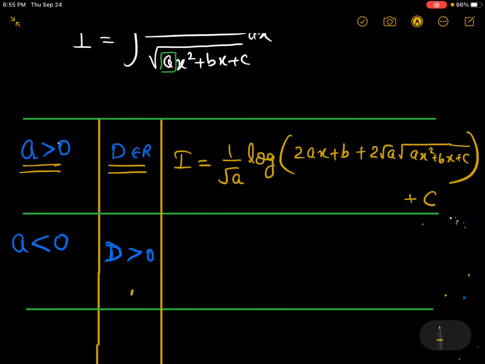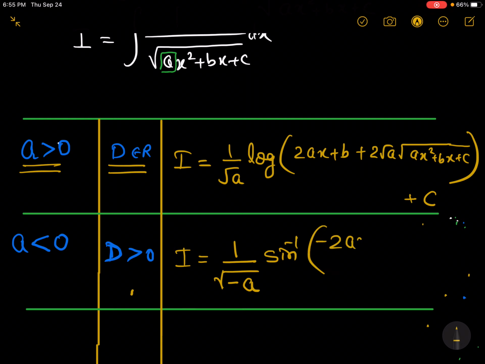Then this integration we can write directly, which will be 1 upon square root of minus a sine inverse of minus 2ax minus b divided by square root of d. So we have to find d first, and then d should be greater than 0, otherwise no answer.